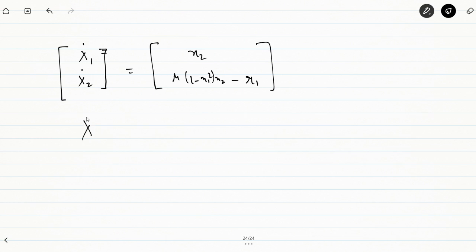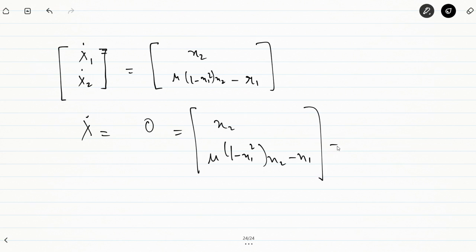Now we need to substitute x dot equal to 0. That means this matrix, x2 and mu (1 minus x1 square) x2 minus x1, is equal to 0, or in other words, equal to 0 0.